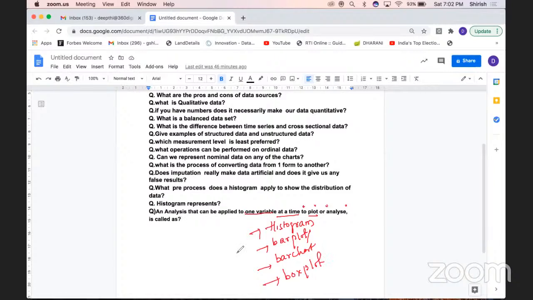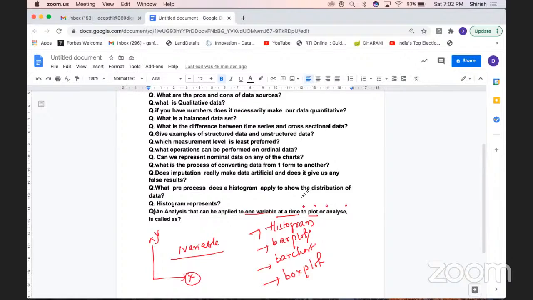It is only possible for one variable at a time. Even if you have 10 variables, only one variable is what you consider for analysis.